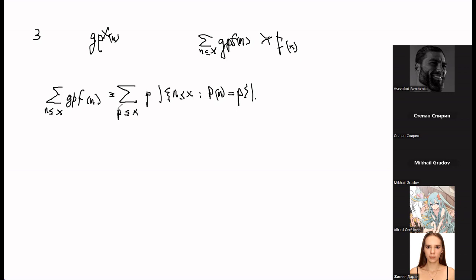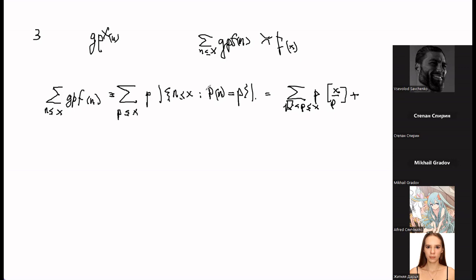Well, in case P is greater than square root of x, it's the integer part of x over P. Yes. What is capital P of n? It's the largest prime factor of n.